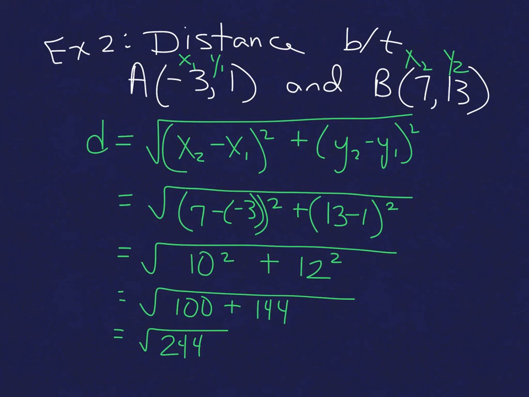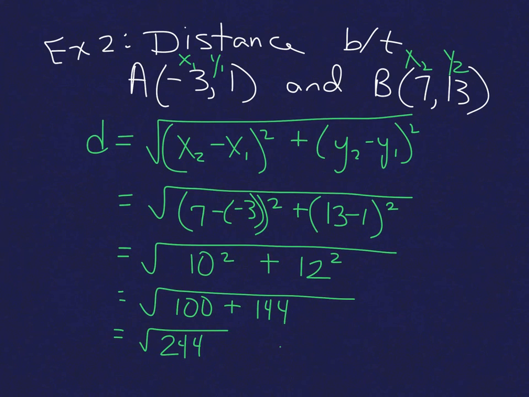Okay, now depending on where you are in your classes and which class you're in, some teachers at this moment will want you to simplify this number, this 244, into simplest radical form. Okay, so some teachers will do that. And then other teachers would rather you just go ahead and leave it as a decimal. In fact, most textbooks, when you see this unit, they'll tell you to round to the nearest tenth.